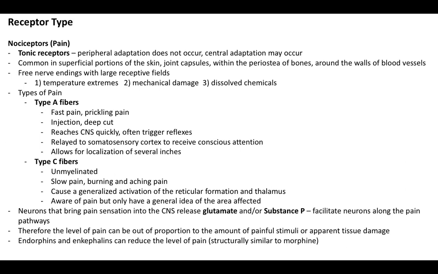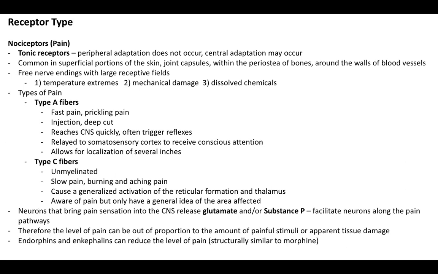Type C is more dull, achy, burning pain, more generalized pain. This is slower pain, so it's unmyelinated. So the two fiber types are slightly different in the type of pain they sense and how quickly they sense it.